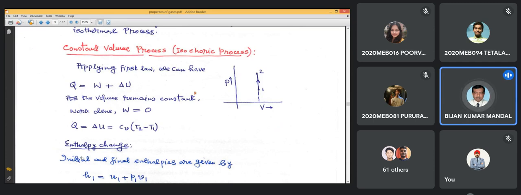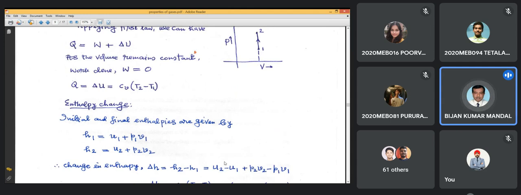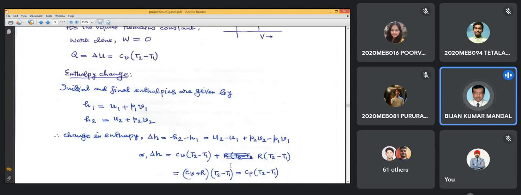Now let's see the internal energy and enthalpy change. Initial and final enthalpies are given as, you know that H is equal to U plus PV. So H1 is equal to U1 plus P1V1 and H2 is equal to U2 plus P2V2. The change in enthalpy, delta H, is equal to H2 minus H1.